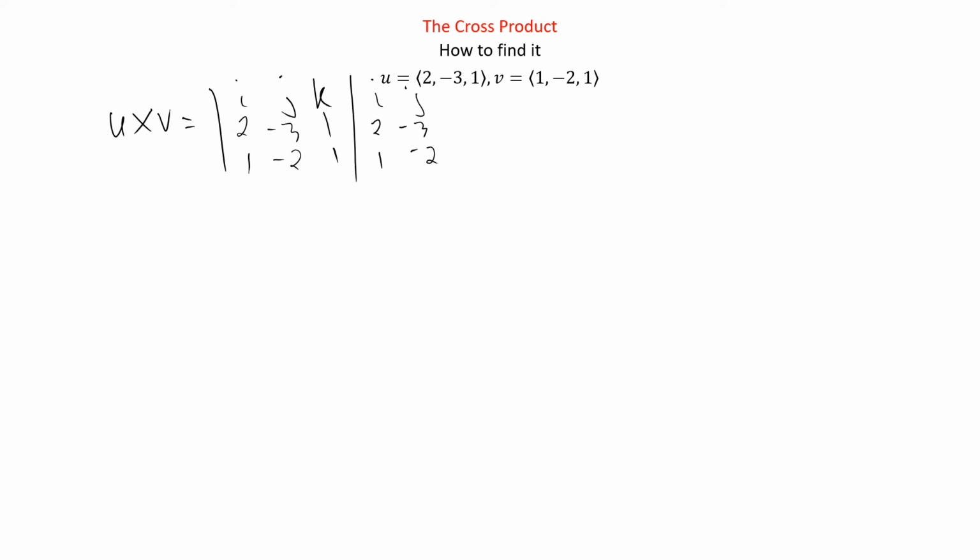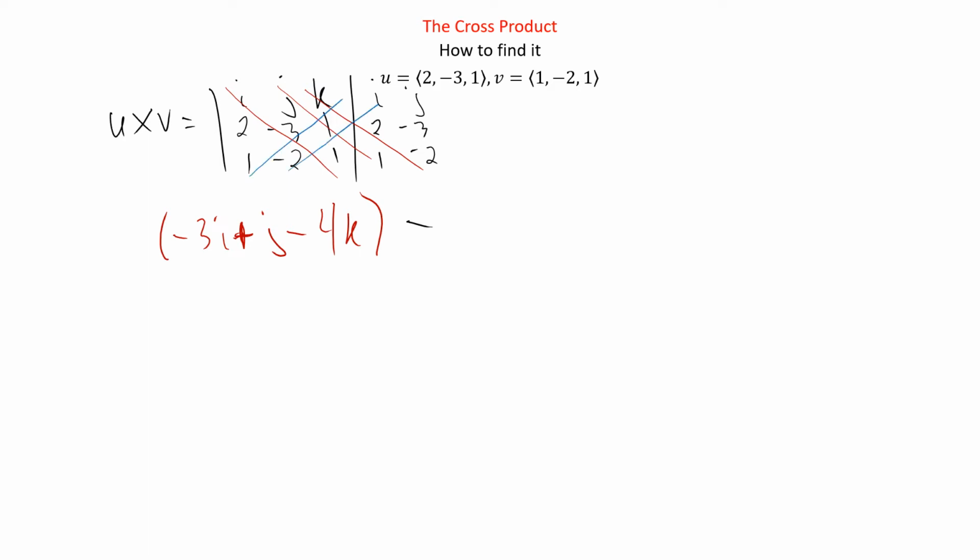We'll do those first diagonals, which will be negative 3 times 1 is negative 3i. 1 times 1 is 1j. That was a plus. Negative 2 times 2 is negative 4k. Minus.